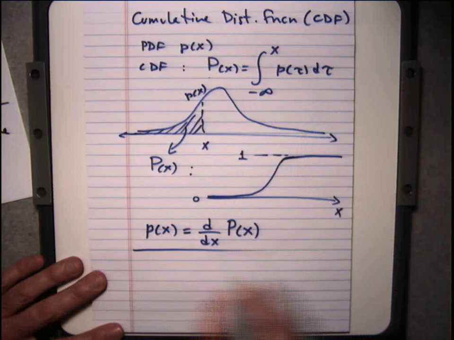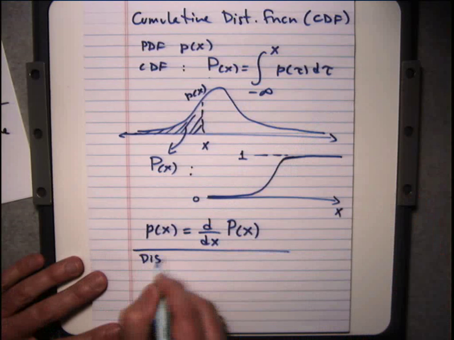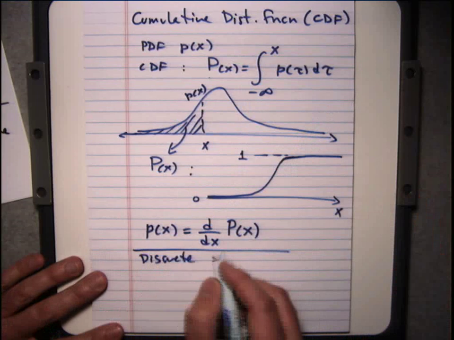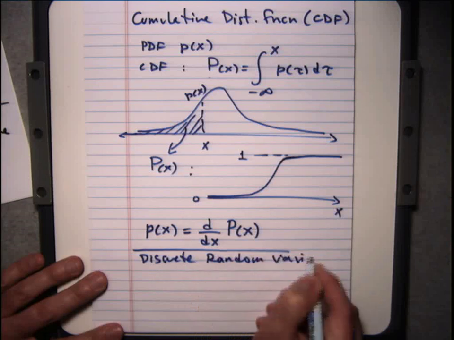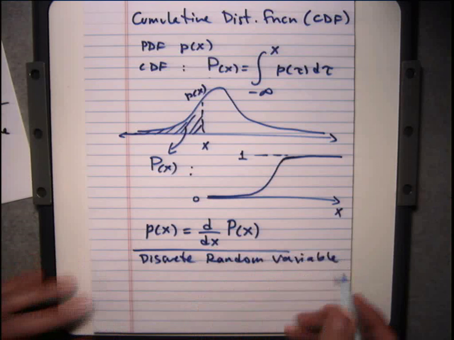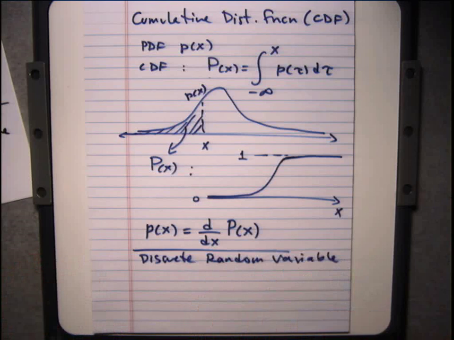For discrete random variables, the business is very simple and very similar. The difference is that discrete random variables have only a finite number of values that they can take.